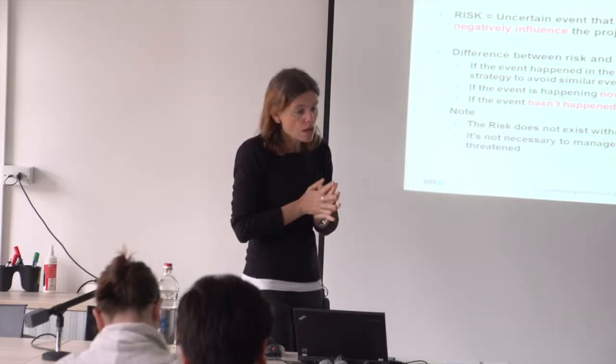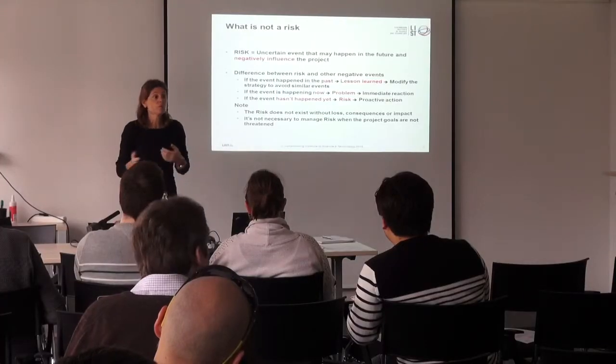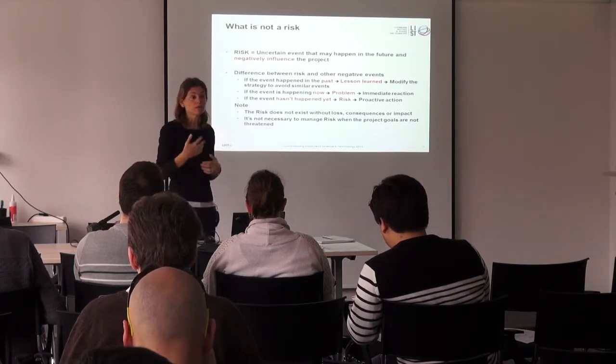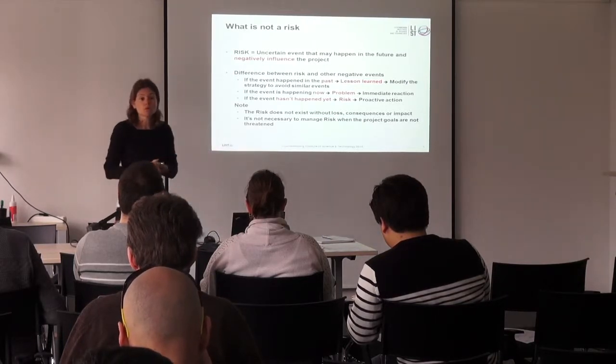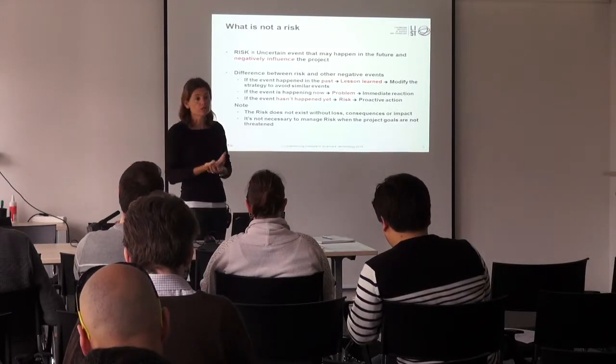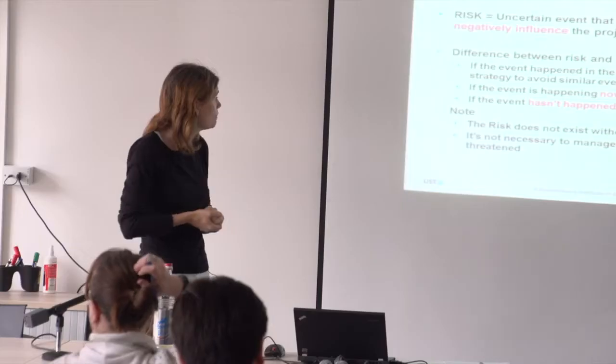If the event has already occurred in the past, you want to learn some lessons from that experience. And so it's lessons learned. It's another subject in project management, but it's not risk management.